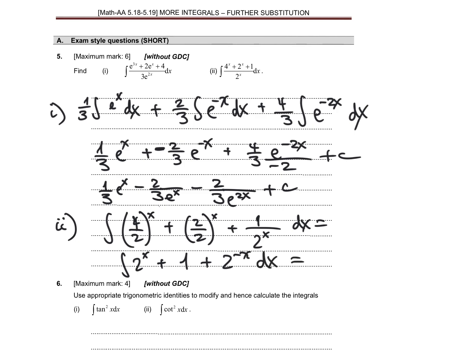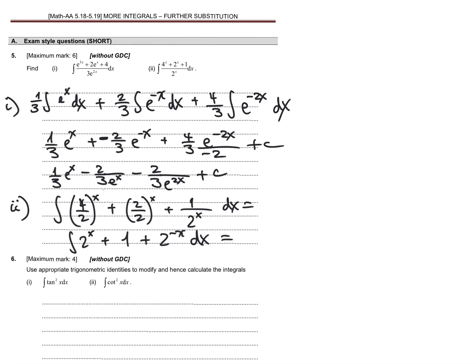Okay? All right, so we have the 2 to the x. That's just going to be 1 over natural log 2 times 2 to the x. Then 1 becomes x, and then this is going to be, because we would just do 2 to the x and then divide by negative 1.